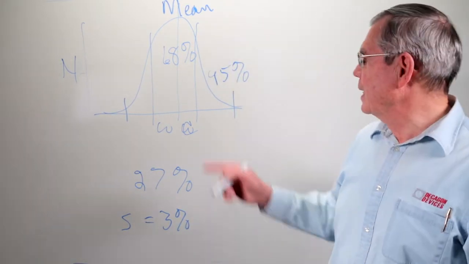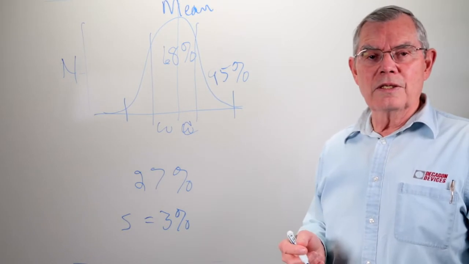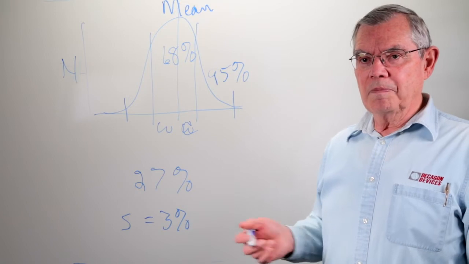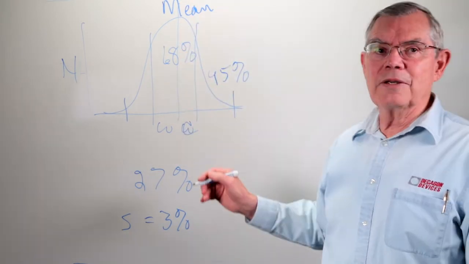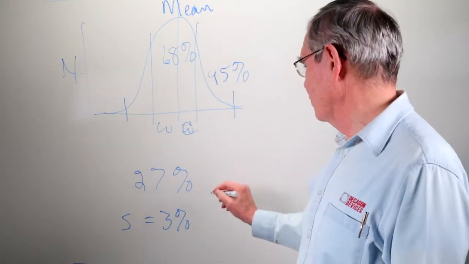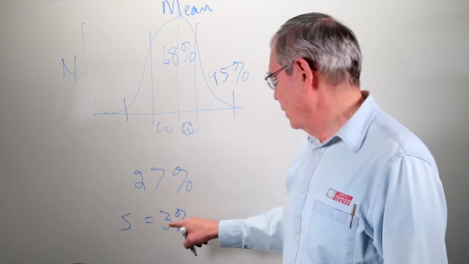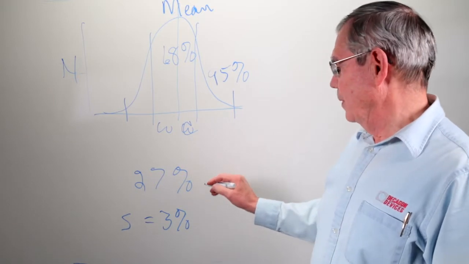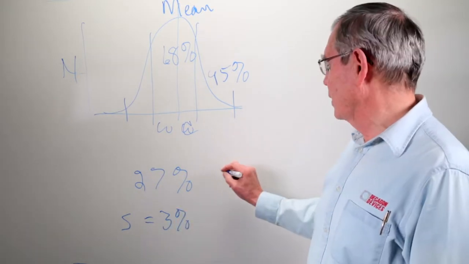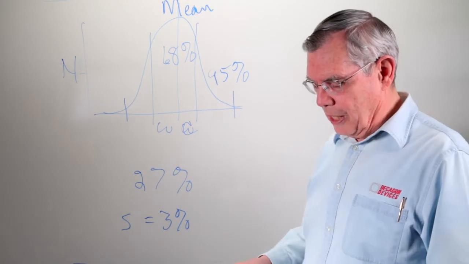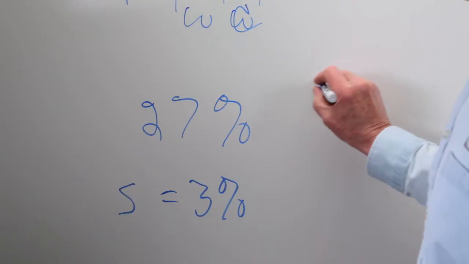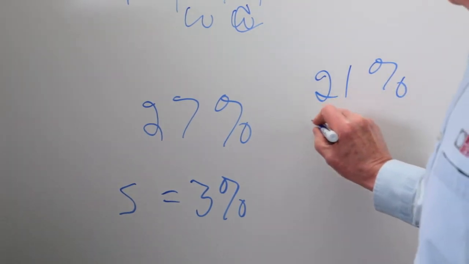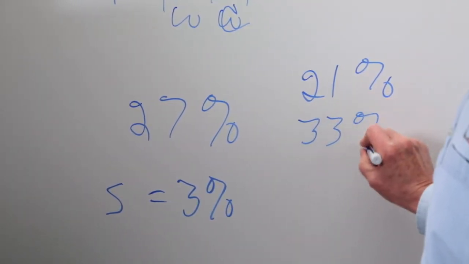Then by these ideas, there would be a 95% probability that the mean value of the water content would be somewhere between 21% and 33%.